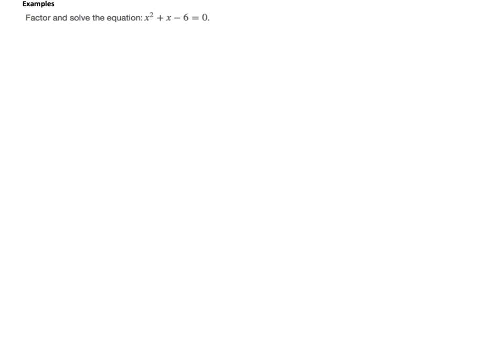Okay, so factor and solve the equation x squared plus x minus 6. Okay, so the AC method of factoring is used for factoring something in the form of ax squared plus bx plus c.